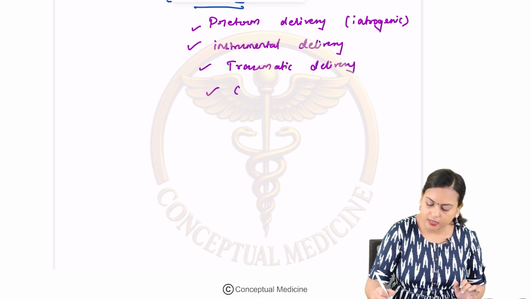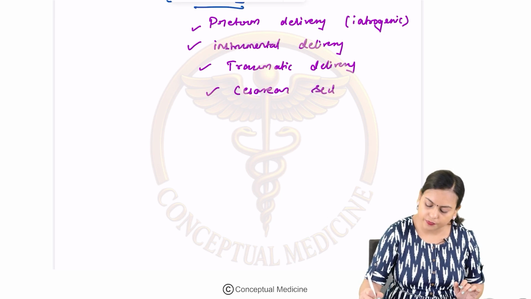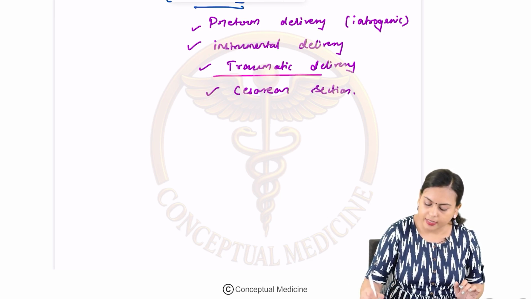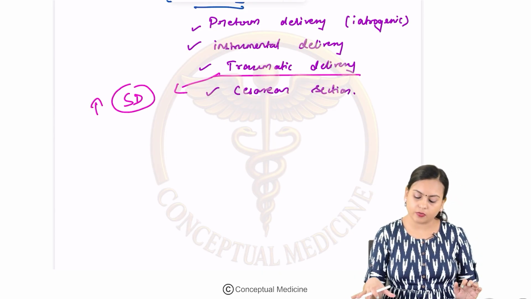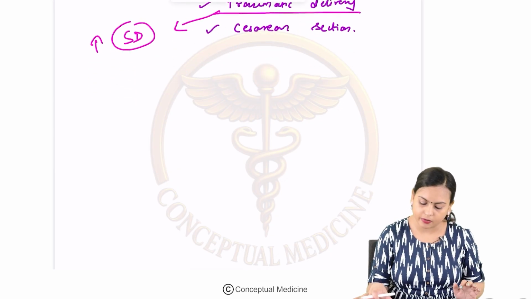And most of the time they can end up in cesarean section also. Traumatic delivery, because the risk of shoulder dystocia is increased in diabetes. So, because of that the lady may end up in a traumatic delivery.